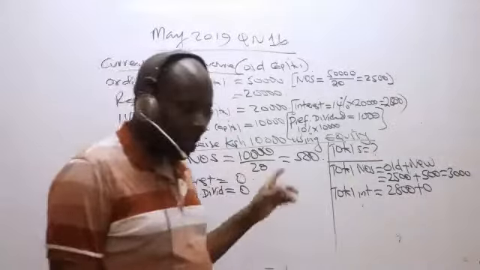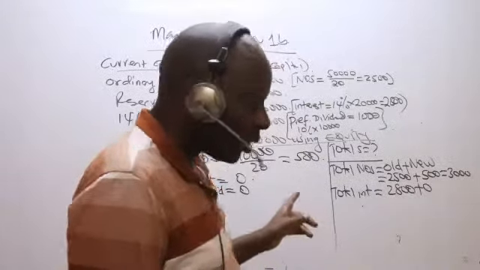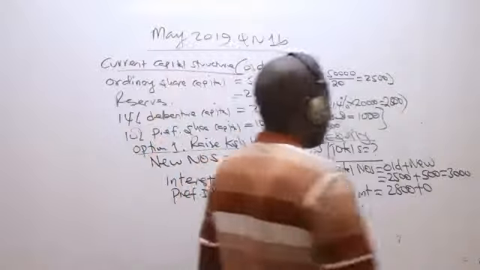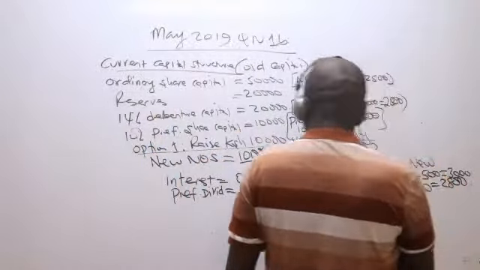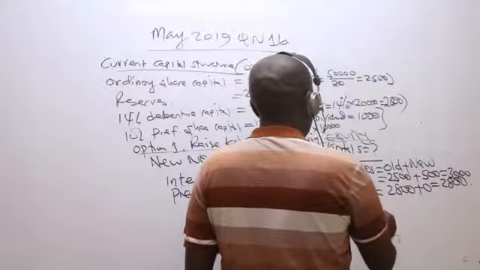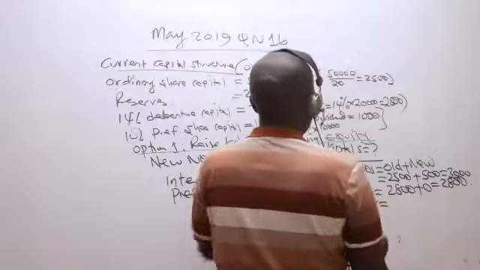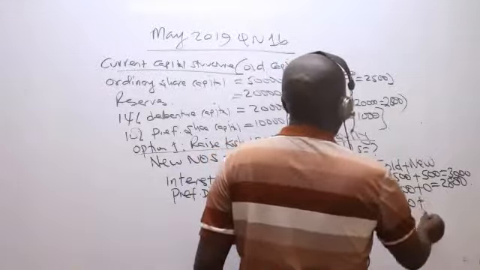So 2,800 plus 0 gives me 2,800. And then we have the last one, which is total dividends. We have here 1,000, plus 0 there.